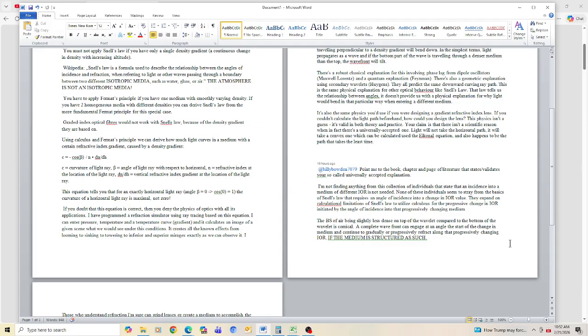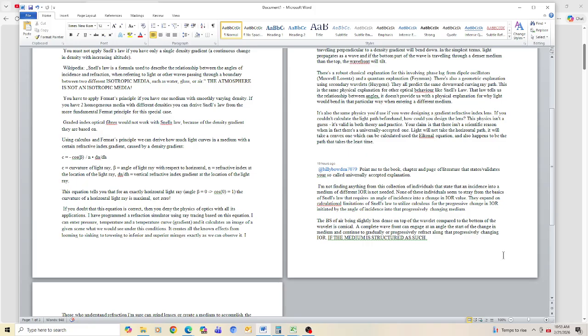None of these individuals seem to stray from the basics of Snell's law that requires an angle of incidence into a change in IOR value. They expand on the calculational limitations of Snell's law to utilize calculus for the progressive change in IOR.